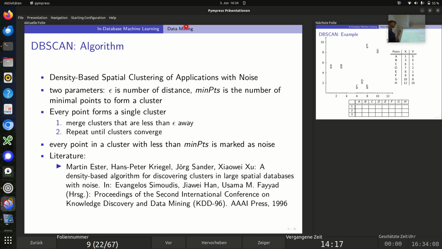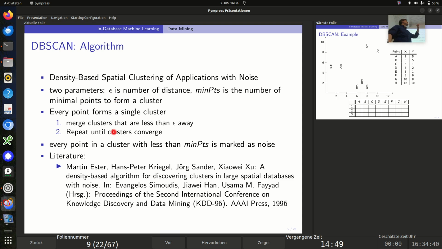I have only 2 parameters. The first one is for the distance, and the second is the number of points that must be part of a cluster. Otherwise, all the points within a cluster are declared as noise. It works like this: every point initially is a single cluster, and then we merge clusters that are less than epsilon away.